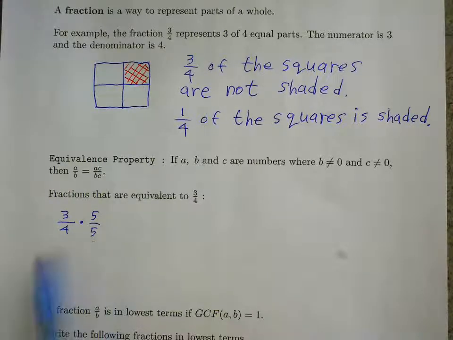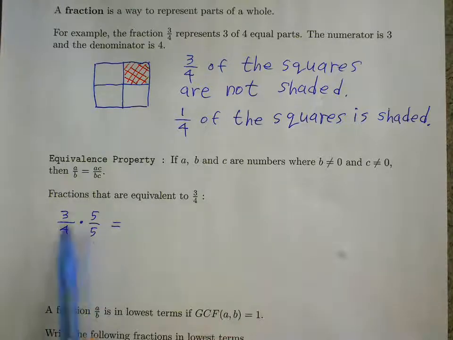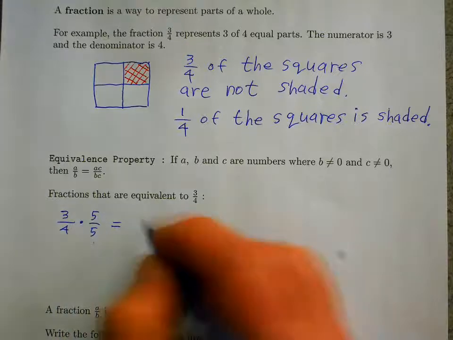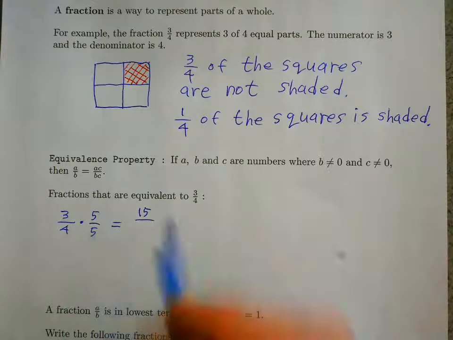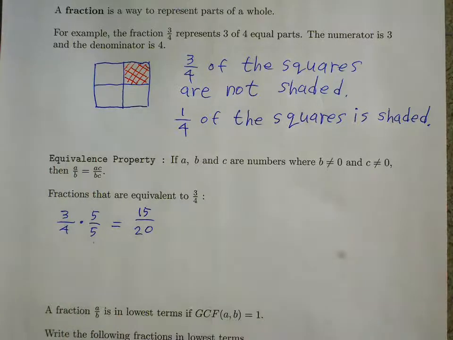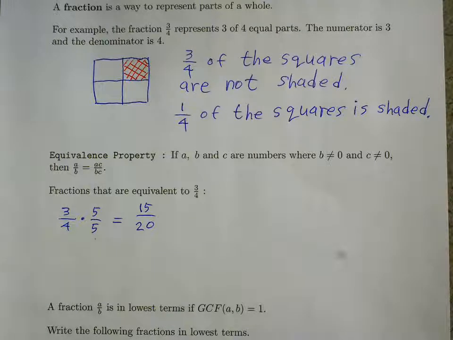And if you multiply a number by 1, you just get a number that's equivalent to that number in value. And then when you multiply fractions, you just multiply the numerators. 3 times 5 is 15. And in the denominator, 4 times 5 is 20. So the fraction 15/20 is equivalent to the fraction 3/4.